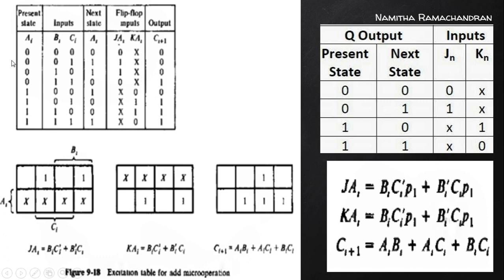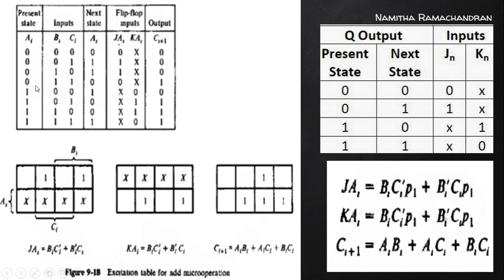And for the next case, suppose AI with 0, BI with 0 and CI equal to 1. What is the result of this addition? 0 plus 0 plus 1 means the new state of AI becomes 1 with carry out equal to 0. Next state, 0 plus 1 plus 0. Then AI becomes 1, carry out becomes 0.